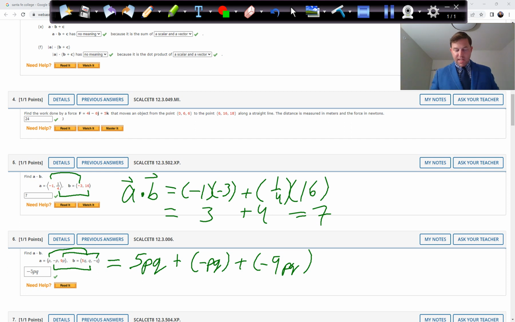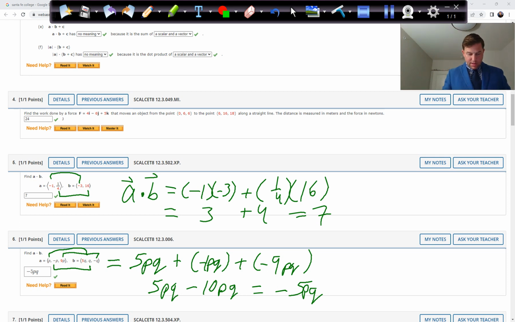And they all have the same appendage, PQ. So we have 5 of them, minus 1 of them, minus 9 of them. So we have 5 PQs minus 10 PQs, which would be minus 5 PQs. And that's what we get there.